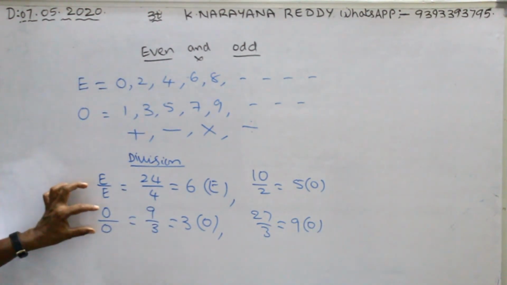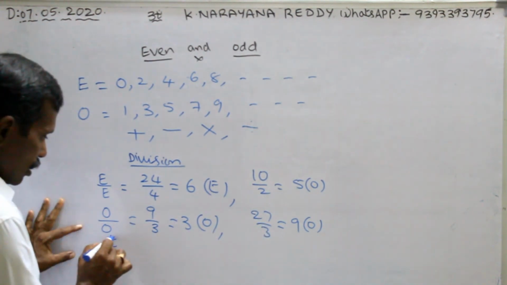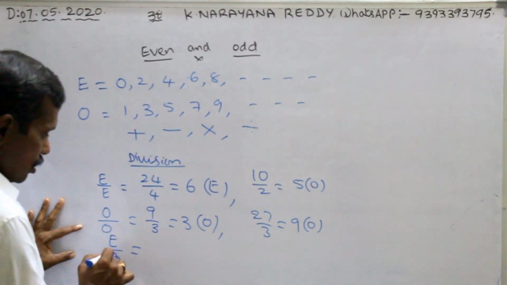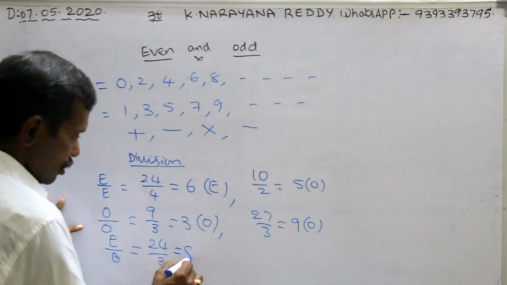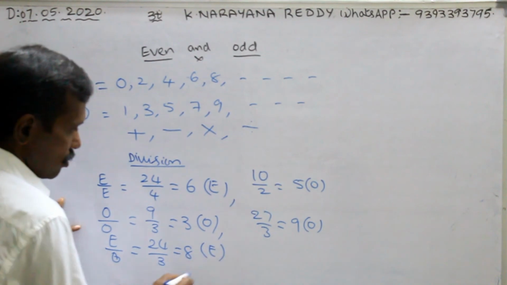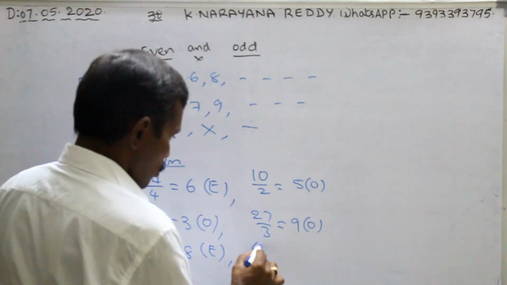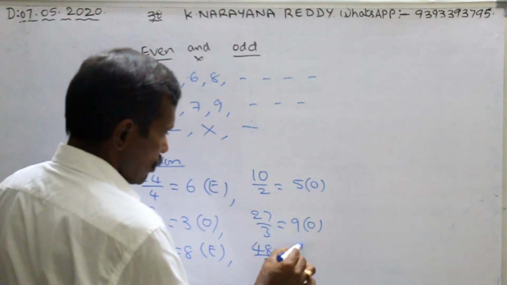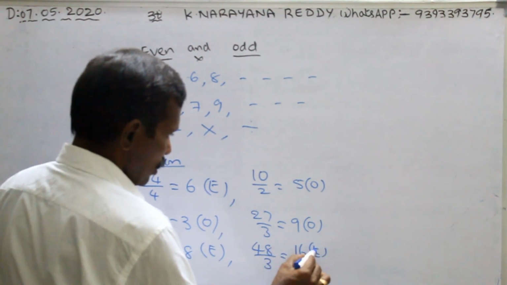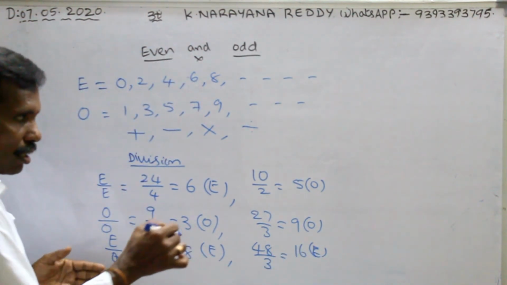So odd by odd gives odd. Even by odd gives even. Suppose take another example, 48 by 3 is 16. That is even. In this way, even by odd gives even.